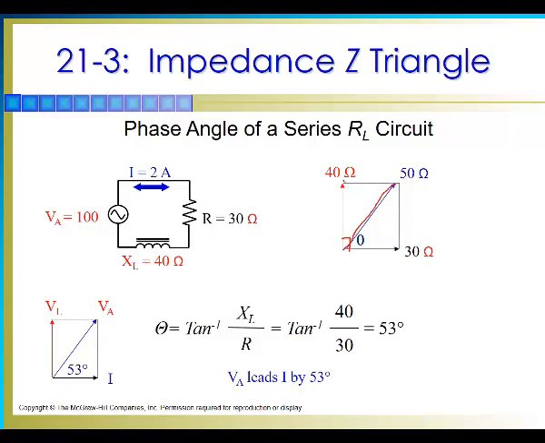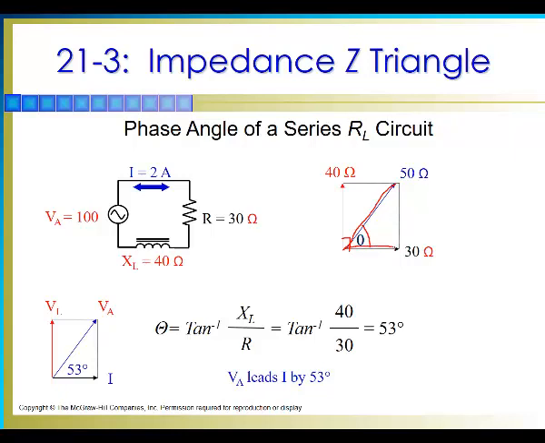In this case, we have 30 plus 40 equals 50 because of the angle. So that would be the square root of 30 squared plus 40 squared. That will give you a total of 50. So in here we have a resistance of 30 ohms, a reactance of 40 ohms, but the total impedance would be 50 ohms.